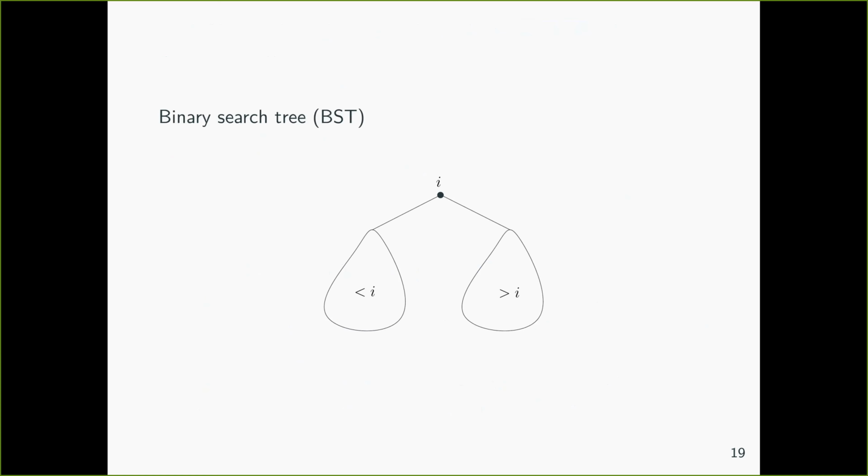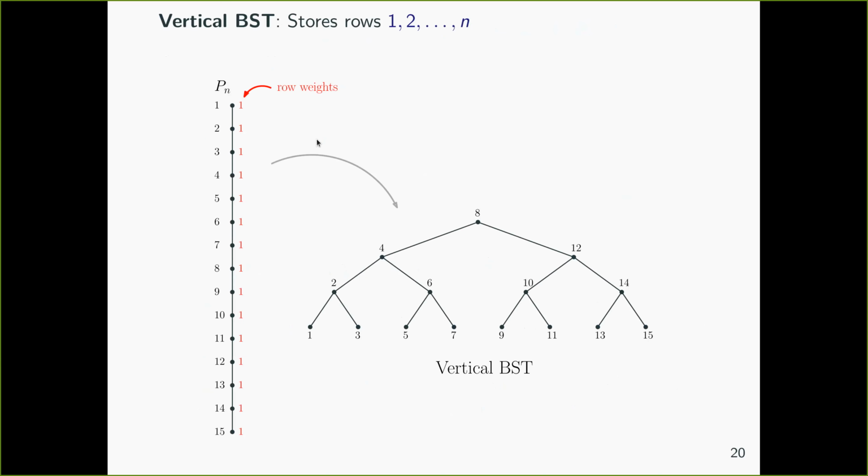So there will be a vertical binary search tree, and by vertical I mean that it will be a binary search tree on the rows of your product. You can think of every element as a row or as an element of the path with which we are taking the product.